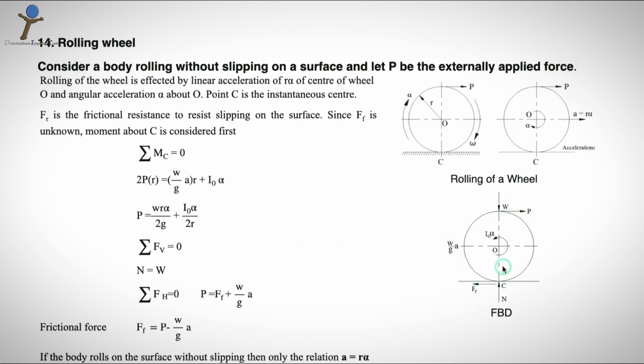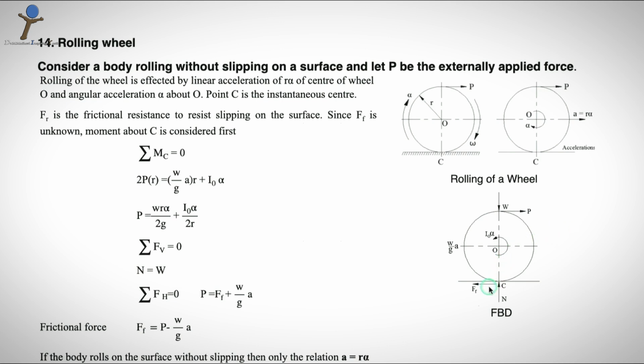This is the free body diagram of a rolling wheel. So the wheel has weight, self weight W acting in the downward direction. The normal reaction N caused by the ground onto the wheel is acting in the upward direction, perpendicular to the ground surface. Then there is a force P acting on the wheel towards the right.